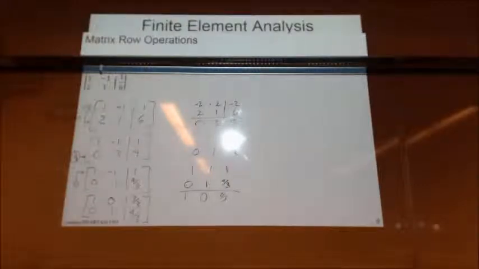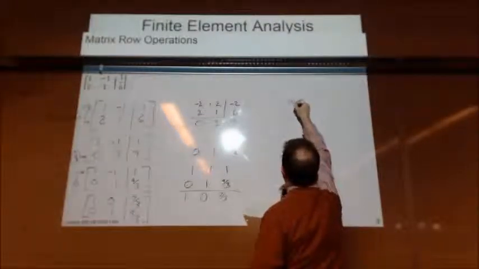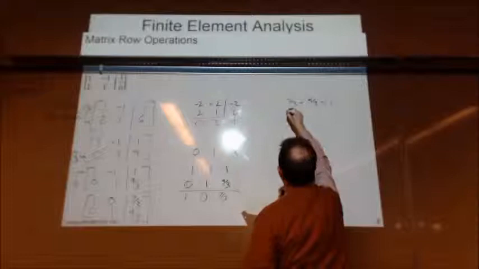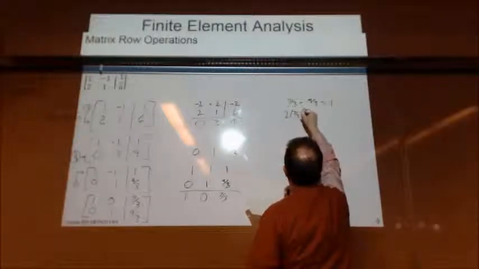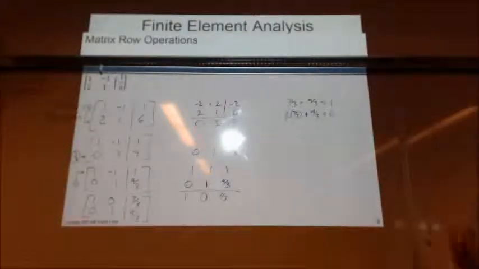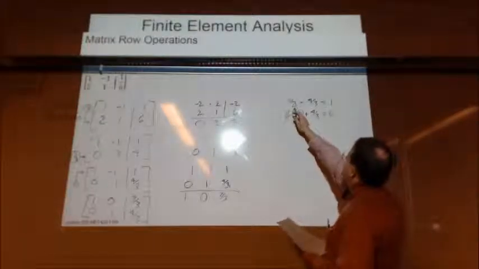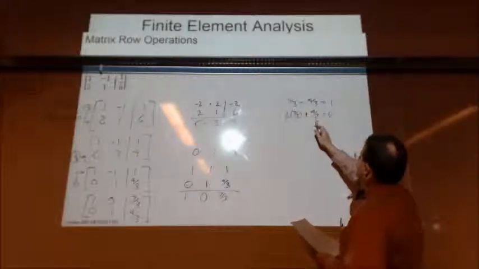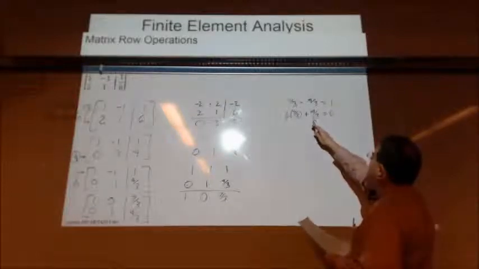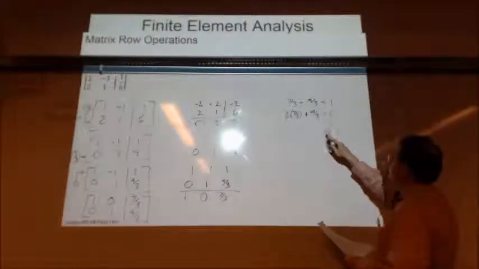And let's see, did I plug it back in? Sure. So if we say what? 7/3 minus 4/3 equals 1, and 2 times 7/3 plus 4/3 equals 6. All right, or at least it better. So this is going to become what? 3/3, so that's 1. 14 thirds plus 4 thirds, 18 thirds, so that's 6.